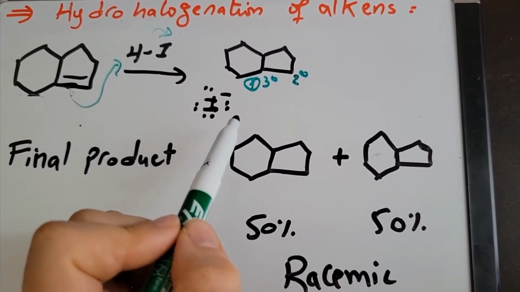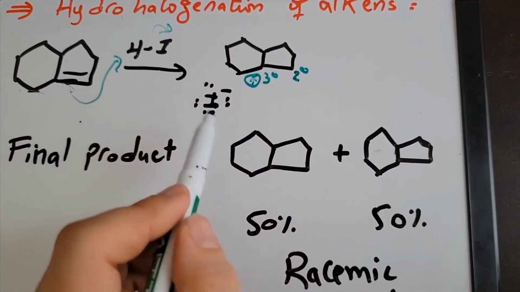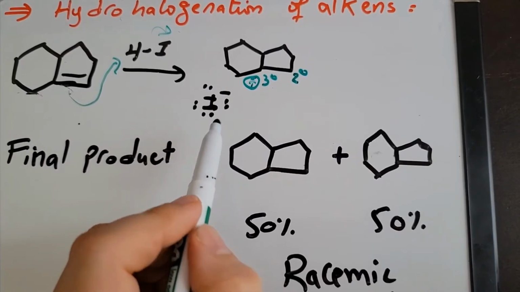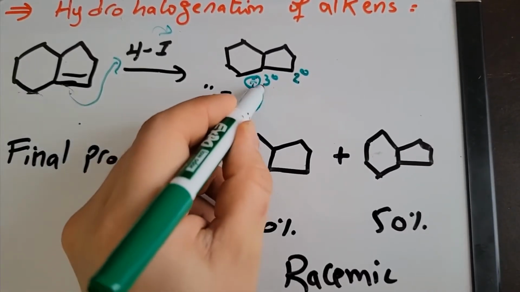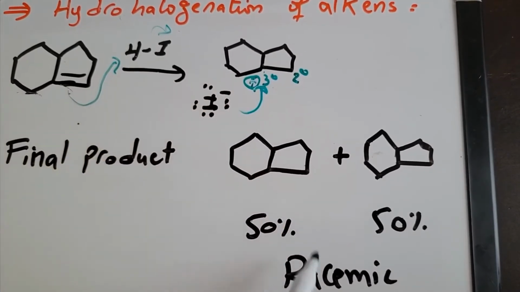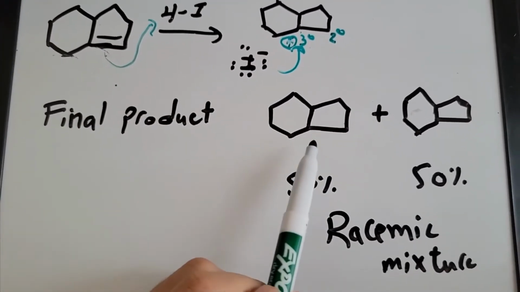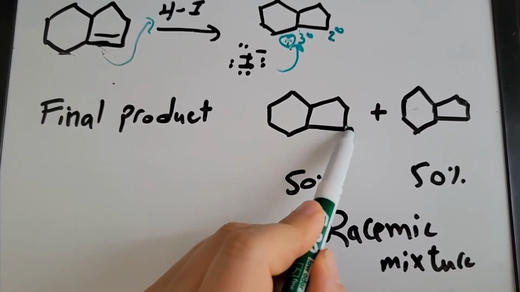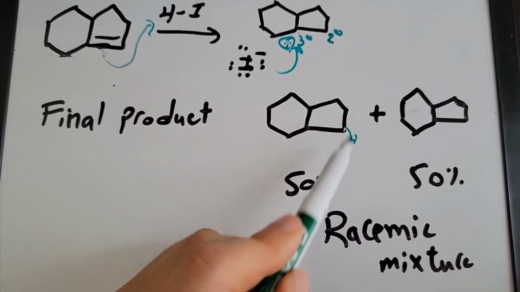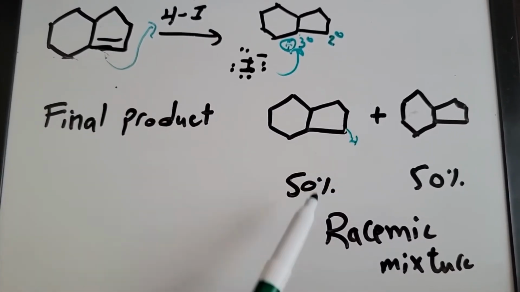And here we have the nucleophilic attack, which is the second step. The iodine will act as a nucleophile and attack the carbocation and will be bonded to it. So the final product for this reaction is this molecule over here with the hydrogen here. We don't need to draw the hydrogen since we have hydrogens all over the molecule.